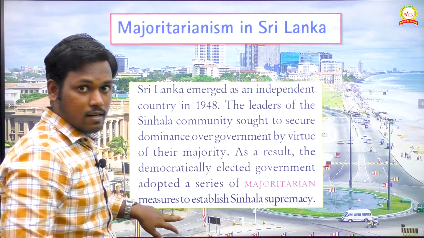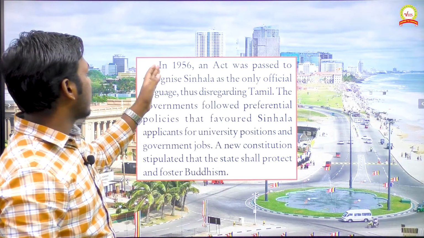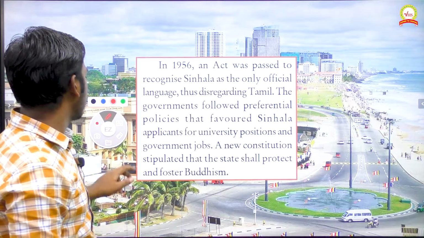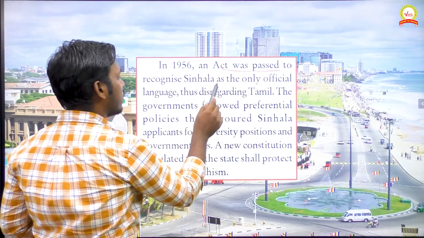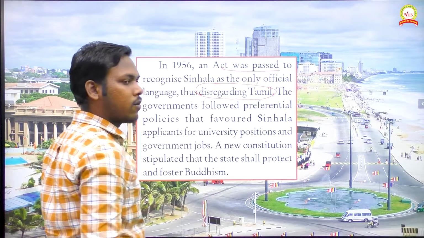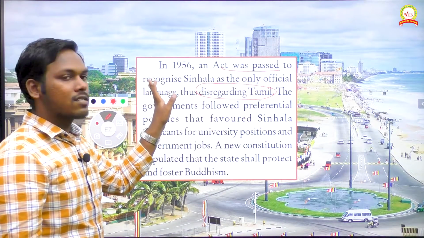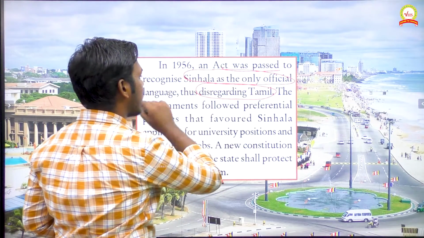This created a feeling called alienation in Sri Lanka. And in 1956, an act was passed, an act to disregard Tamils. They totally ignored Tamils, and it recognized Sinhala as the only official language.